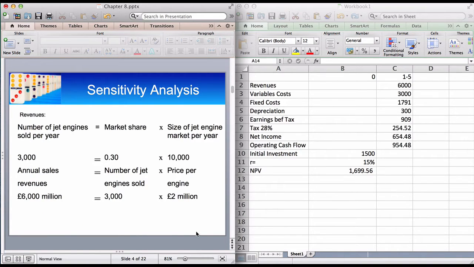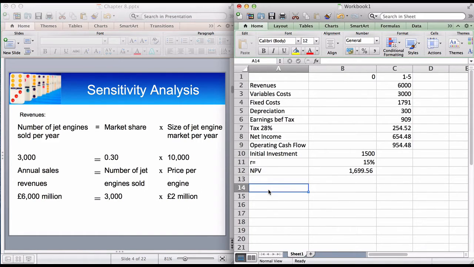And if we look at the case here, we're going to look at revenues first, and then we're going to look at costs. But where does the revenue come from? Well, the revenue comes from the price per engine, which is 2 million, and the number of engines sold. And here the number of units sold is 3,000.